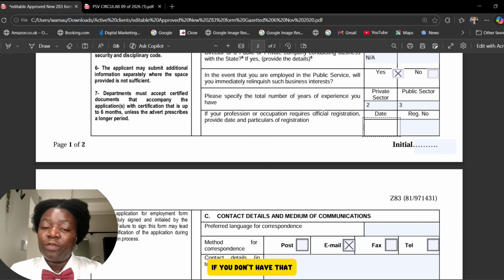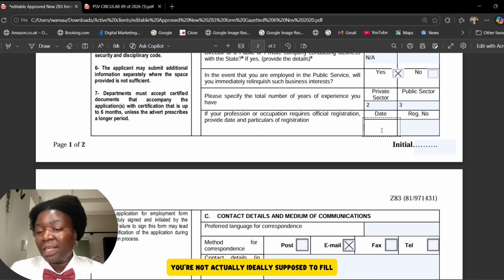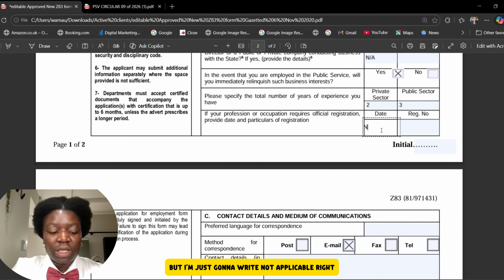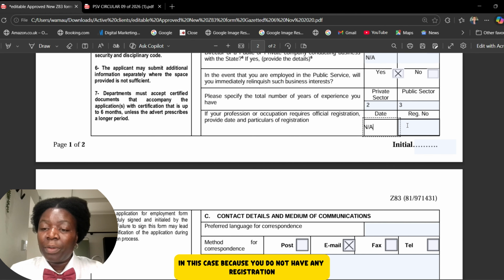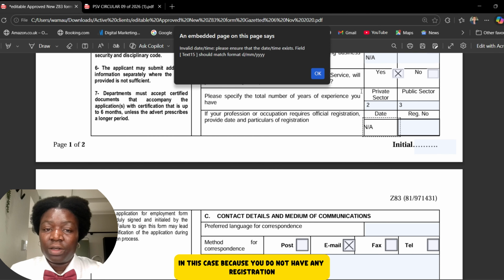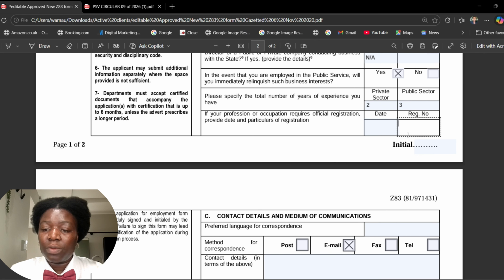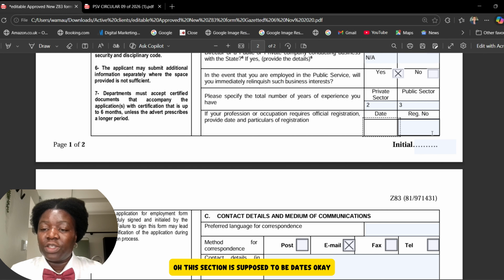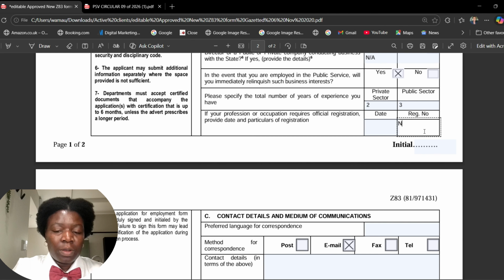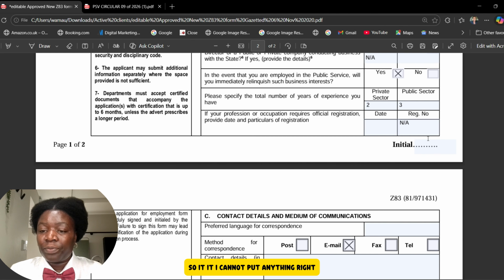So if you don't have that, you're not actually ideally supposed to fill, but I'm just going to write not applicable, right, in this case, because you do not have any registration, right? Okay. This section is supposed to be date. Okay. So I cannot put anything, right?